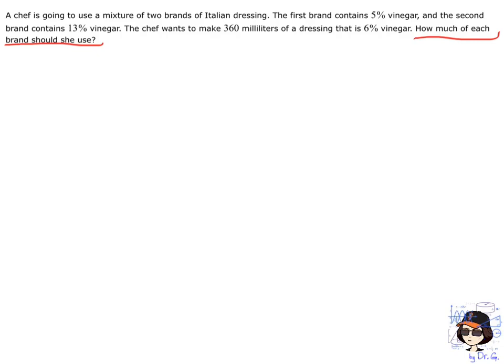So let's write that down. Always write it down. I'm going to use X for the amount of the first brand in milliliters. I could have said number of milliliters of the first brand.